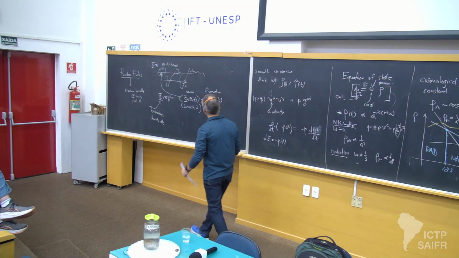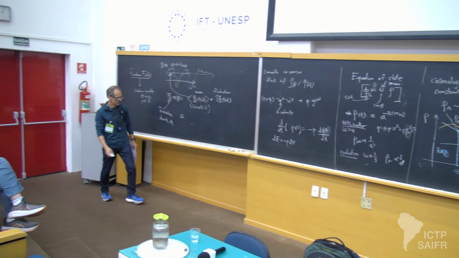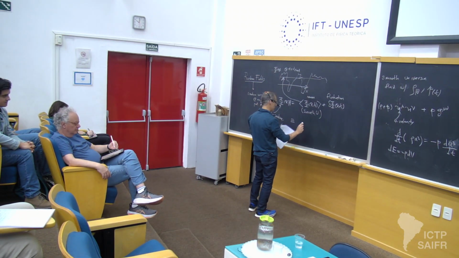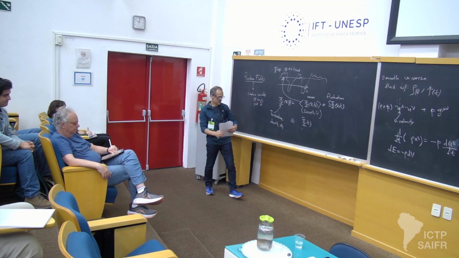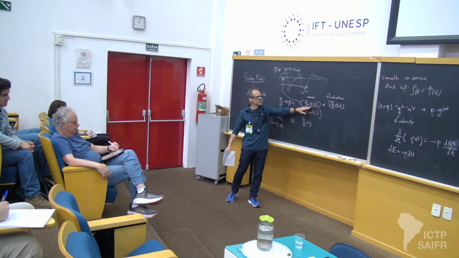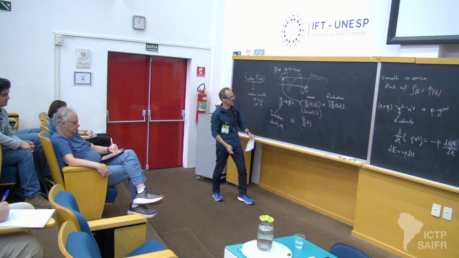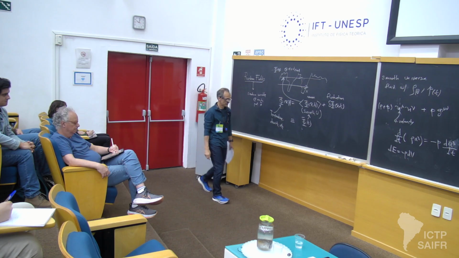And now here comes the trick. This mean is going to be some function of time alone, and why, I'll tell you in a second. If you were able to average over many universes, this thing will come out to be only a function of time. And that indeed is what sources the smooth universe.